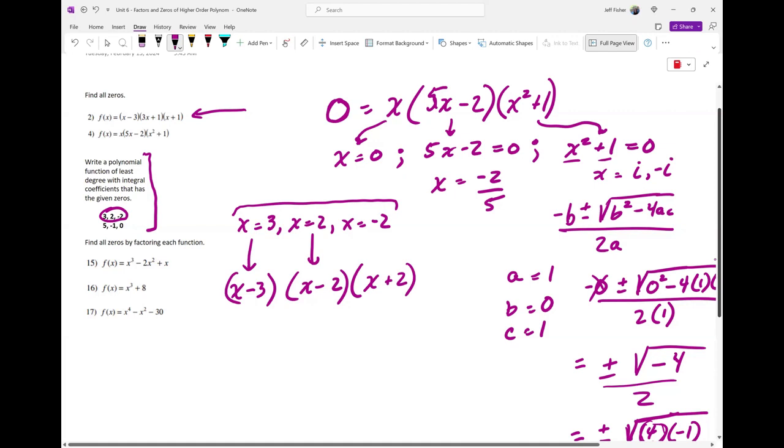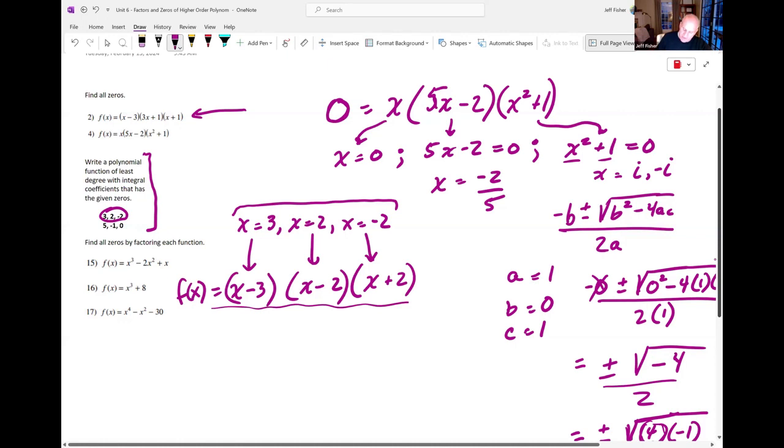Okay? So we know what the factors are, and that's all it's asking. What is the function? If we set that equal to a functional notation and we say f of x equals this function, then we can multiply it all out if we wanted to. We could multiply it all out and we would get that function.